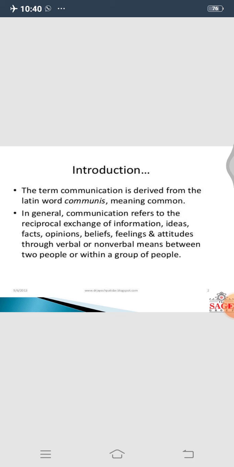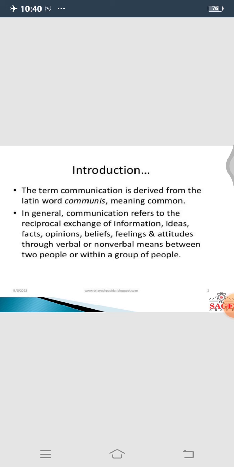It is the exchange of information, ideas, facts, opinions, beliefs, feelings and attitudes through verbal and non-verbal means between two people or within a group of people. Verbal and non-verbal communication we'll be doing elaborately in our coming sessions, because they both play a very important role in making the communication complete.